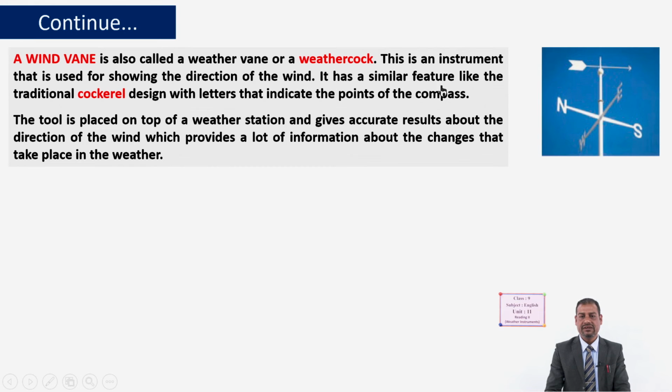It has a similar feature like the traditional cockerel design with letters that indicate the points of the compass. You can see the picture here. The tool is placed on top of a weather station and gives accurate results about the direction of the wind, which provides a lot of information about the changes that take place in the weather. So this is just a model reading for you. Now you read yourself.